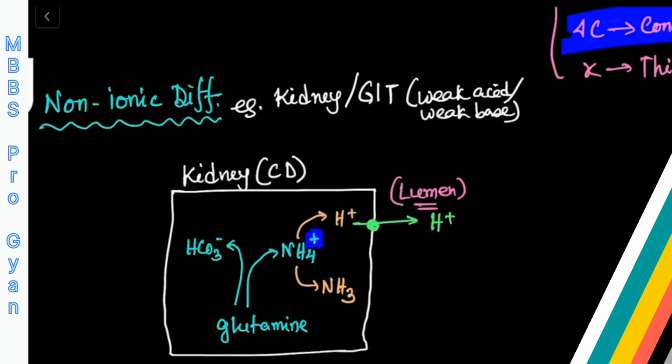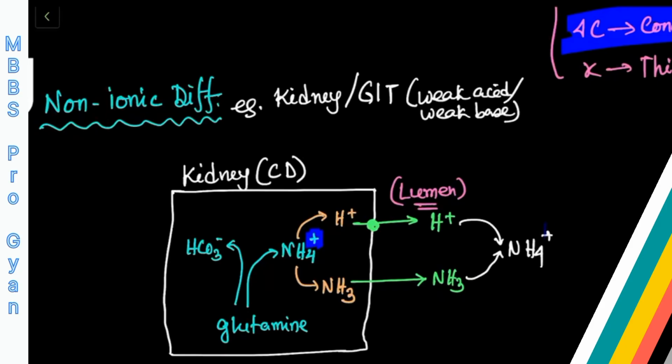And ammonia, because it's a gaseous molecule, will easily penetrate the cell membrane by simple diffusion and enter the lumen. Inside the lumen, both of them will combine with one another and form the ammonium ion again.